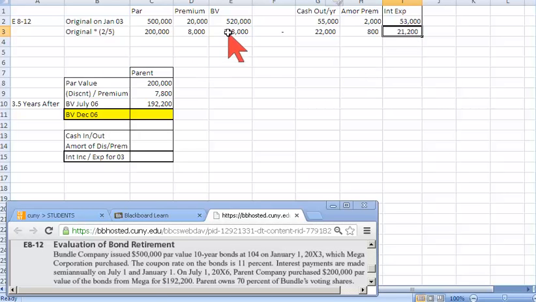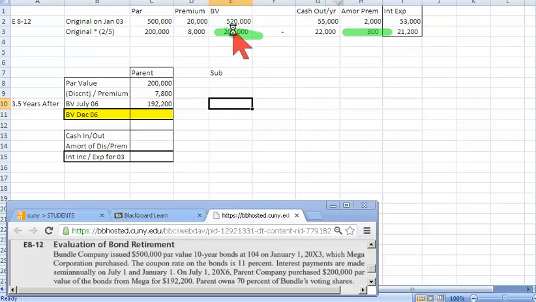All right. So in order to compare the two book values, we need a book value for what the subsidiary had on the books 3.5 years after the original purchase. How do we figure that out? We take the book value at the original purchase price, and then we subtract 3.5 years of the amortized premium.